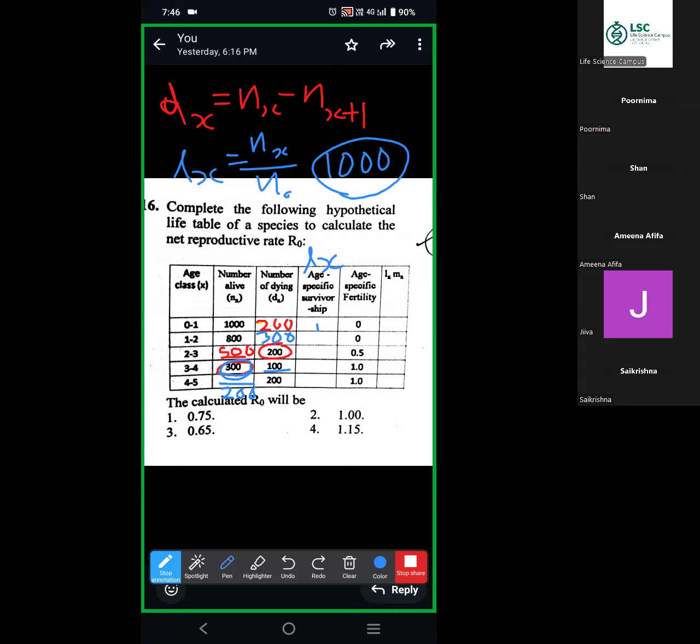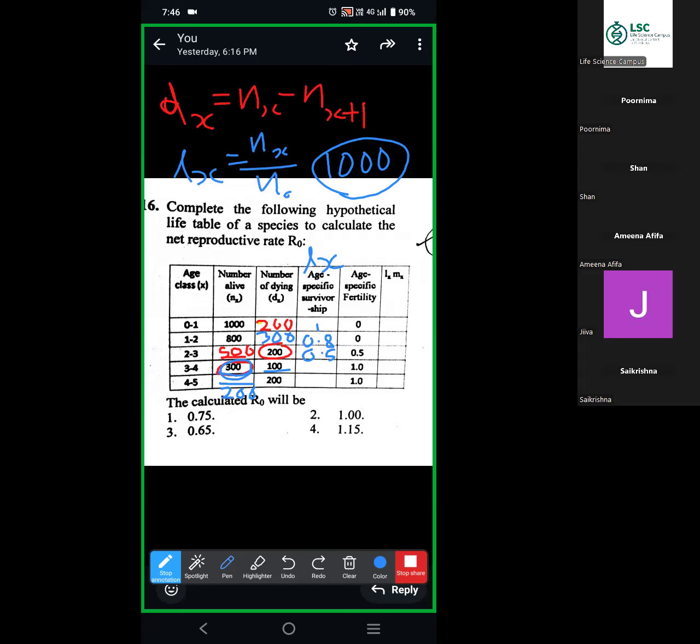Then for the second age class, it is 800 divided by 1000, so it will be 0.8. For the third age class, it is 500 divided by 1000, so it will be 0.5.